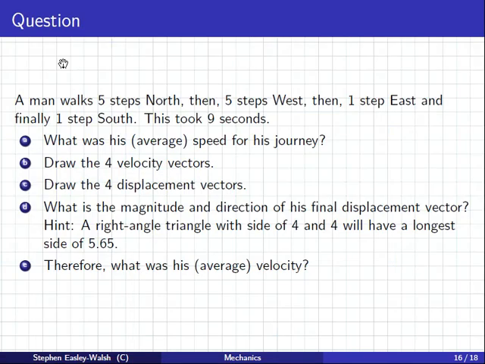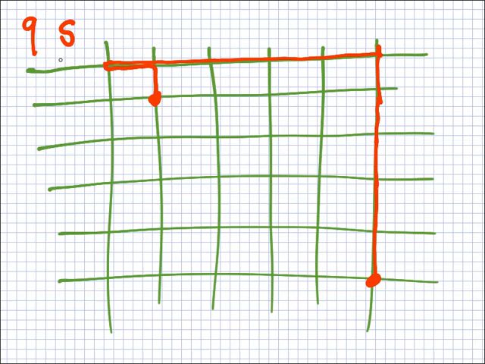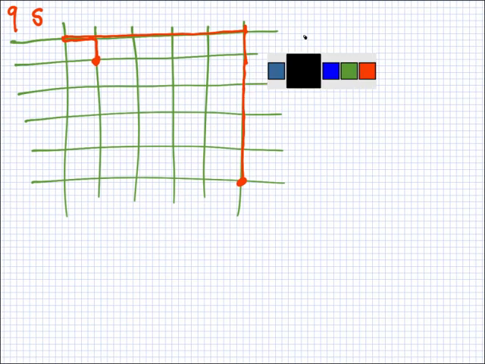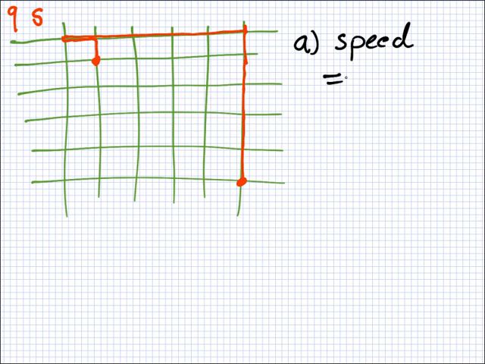Right, let's do this one together. So my first question to you is, what was his speed? Here's the picture, and I want to know, tell me his speed. I'll give you 1 minute to calculate his speed.